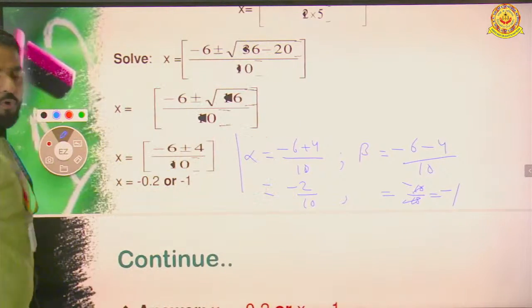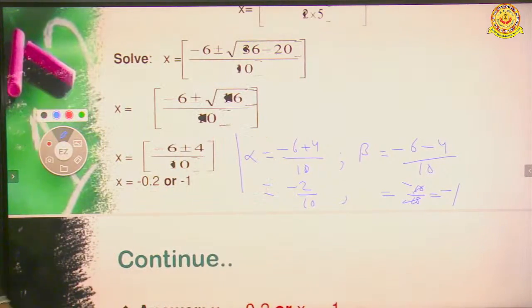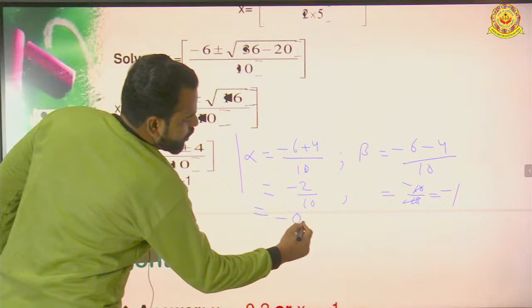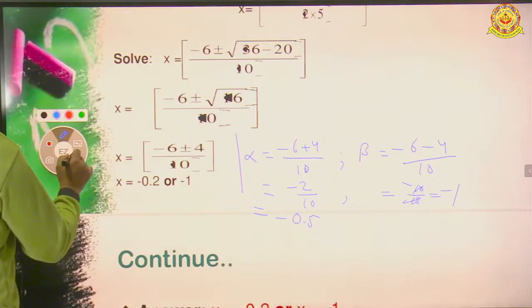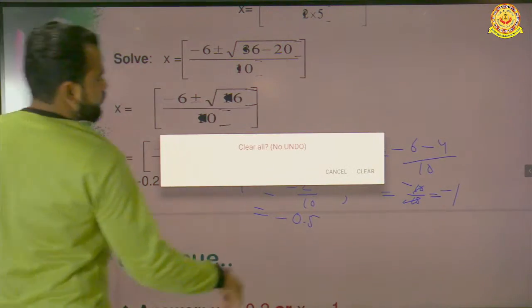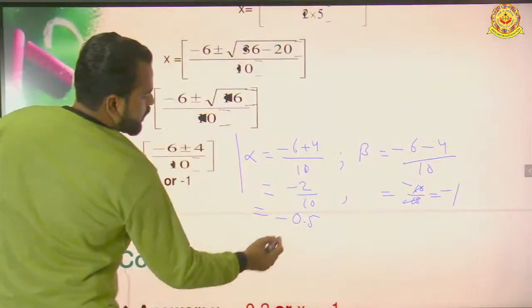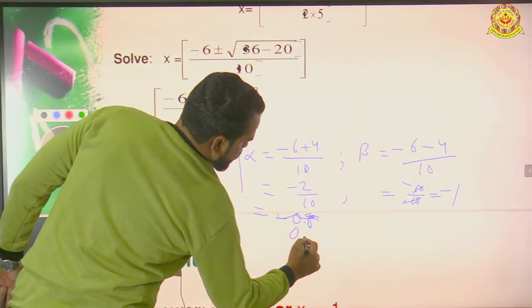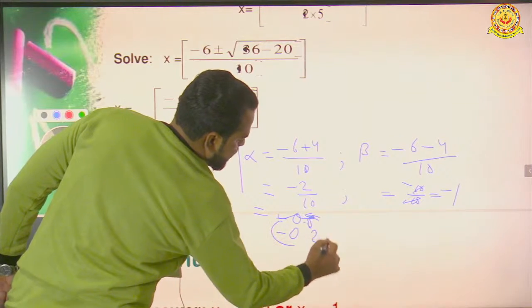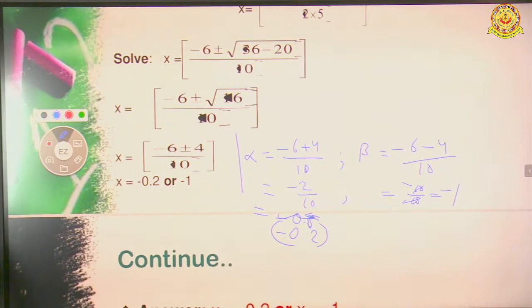Minus 2 upon 10 can be written as minus 0.2. So the two roots are minus 0.2 and minus 1.